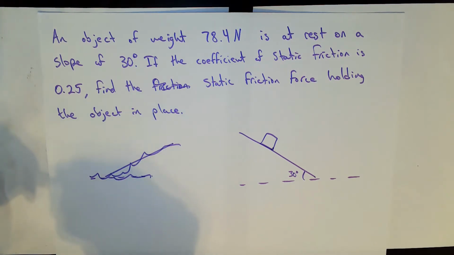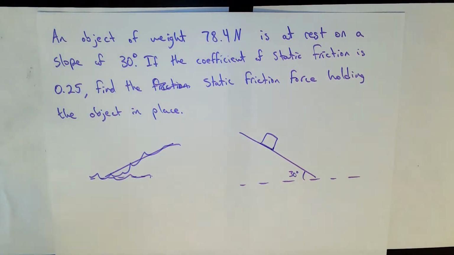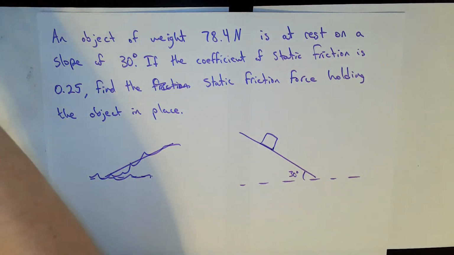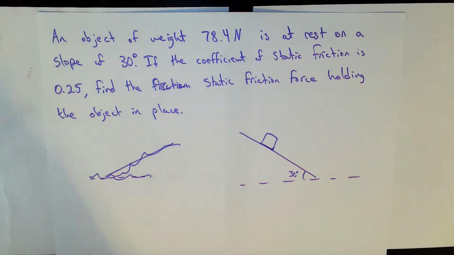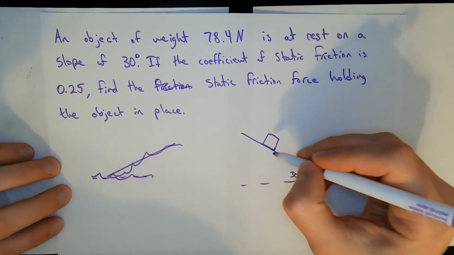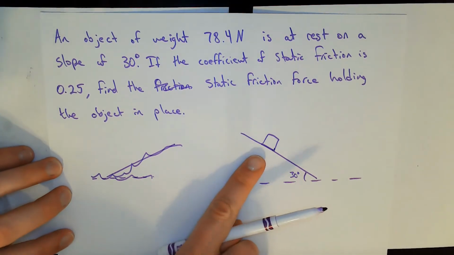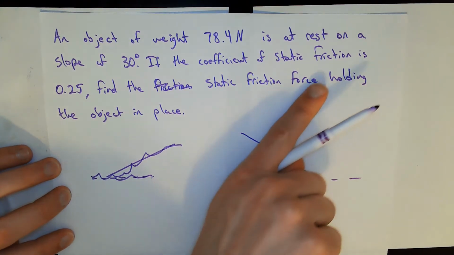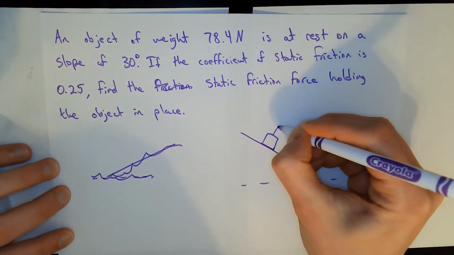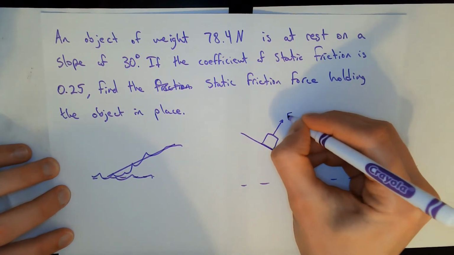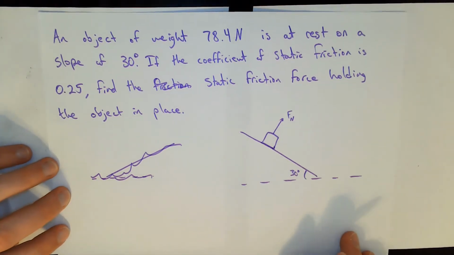All right, so now I need to start thinking about my force arrows. Some facts. Normal force should point perpendicular to the surface. The surface always pushes directly on the object, so perpendicular. That means my normal force is right here. Okay.